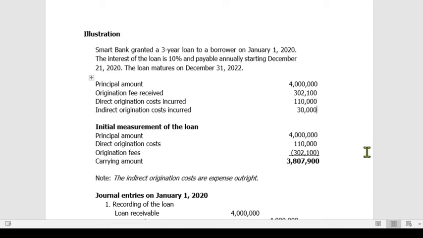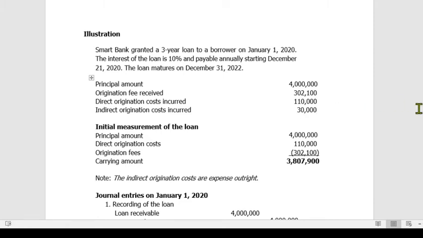So before we proceed, normally ang requirement dito is to journalize the transactions from 2020 to 2022. So, 3-year period. Before we proceed with that, let us first analyze yung how do we identify the initial recognition of the loan.